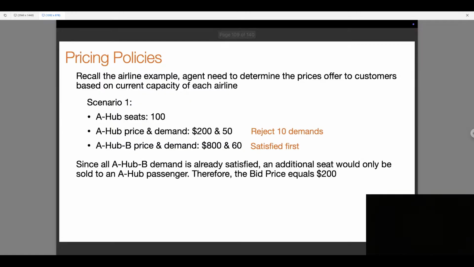Since all the A2 hop to B demand is already satisfied, if there's an additional seat, this seat will only be sold to an A2 hop passenger, as there are still 10 unsatisfied demand. So the buy price will equal 200.